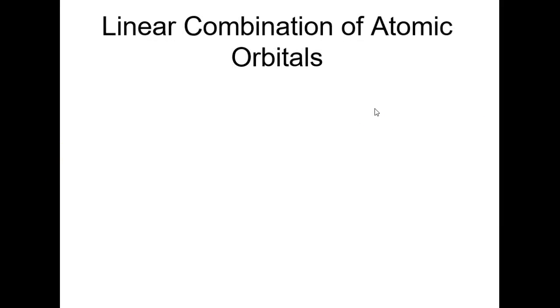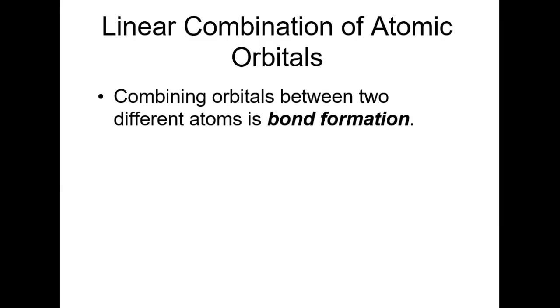So what are these orbitals that we talk about? They are linear combinations of atomic orbitals, which is basically what makes bonds. If you take an s orbital and p orbitals and combine them between two different atoms, you have a bond formation.